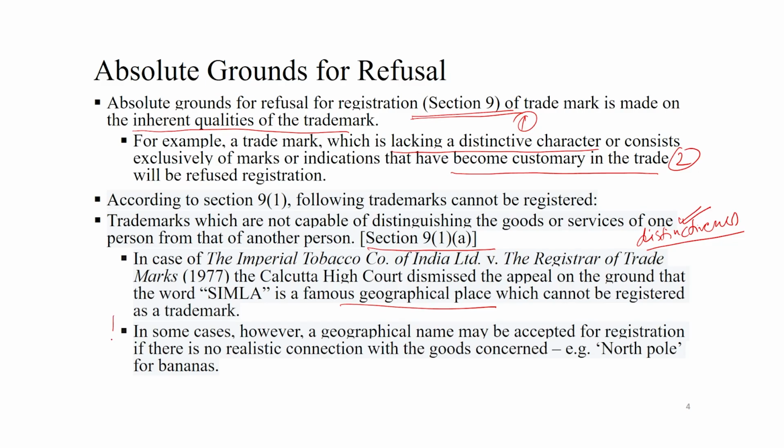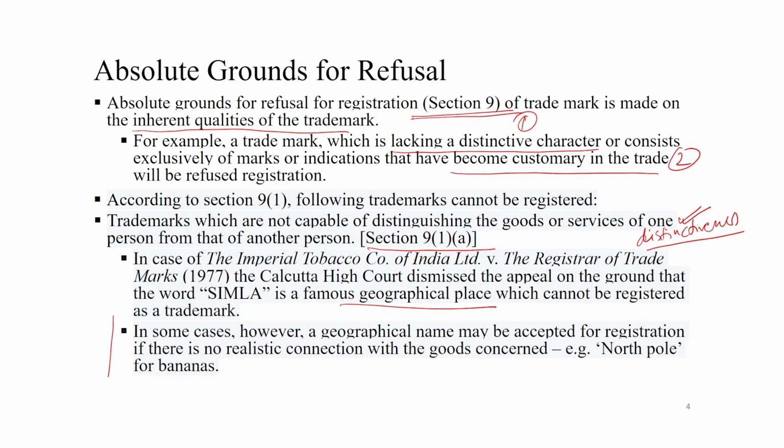However, this is also important. We are not refusing a geographical word simply because it is a geographical word. In some cases, a geographical name may be accepted for registration if there is no realistic connection with the goods concerned. If I am using the word Simla, people may relate the product with that geographical place. But if I use North Pole for, say, banana or anything, then it is difficult for somebody to relate the product with that geographical place.